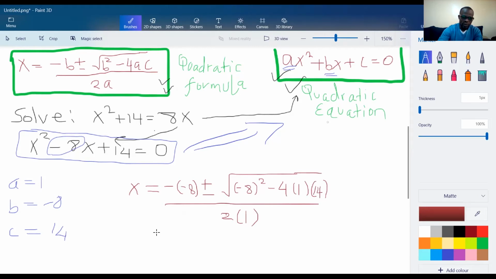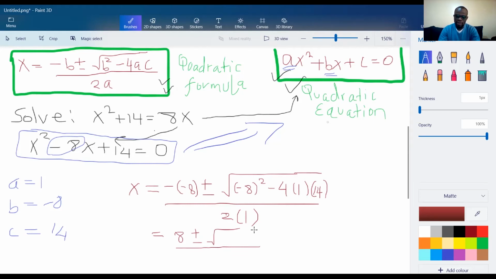Once you've done that, it's good to solve it step by step to avoid making mistakes. So the first part here is negative negative 8, which is actually positive 8. A negative times a negative brings a positive. So 8 plus or minus, I'll put my root sign and then plug in all the values I have under the root into my calculator. Remember to use brackets.